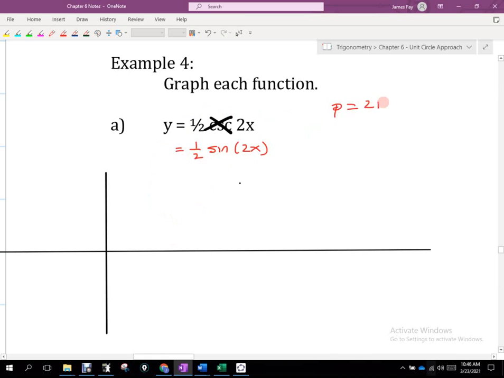Period is 2 pi over what? So over b, in this case, b is 2. So the period, so when I graph the sine function here, I'm only going to go out to pi. Okay? But the sine function, doesn't that get cut in half? And then in fourths, right?